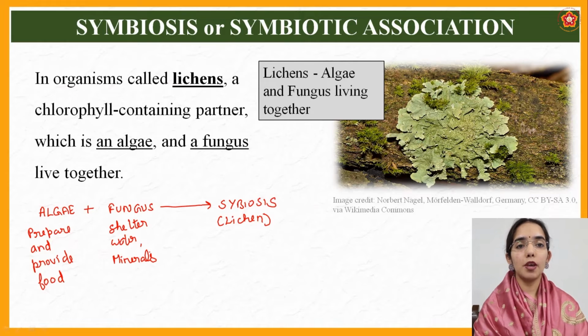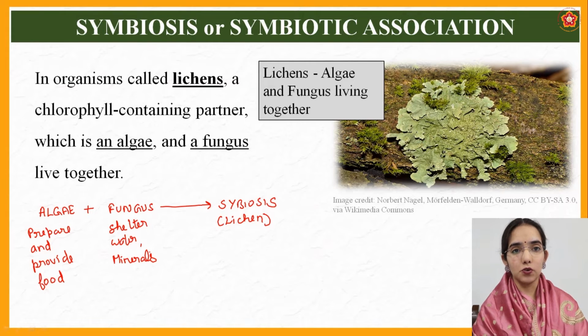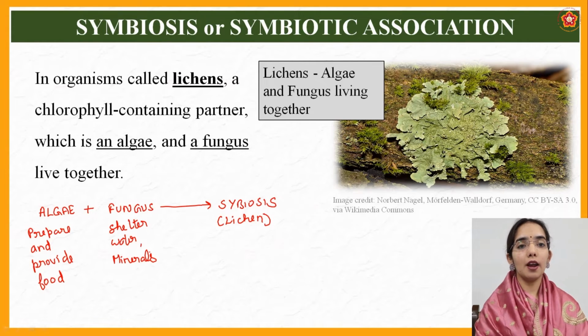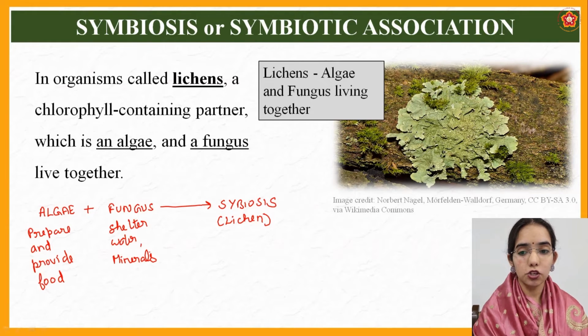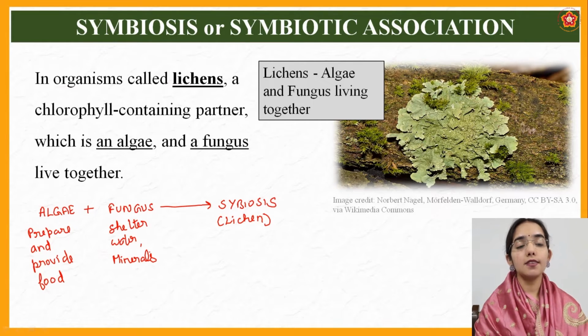So algae is preparing food over here and fungus is providing shelter, water and minerals. So both of them are helping each other. Such a relationship is called a symbiotic association or symbiosis, and this particular combination where algae and fungus live together is called lichen.